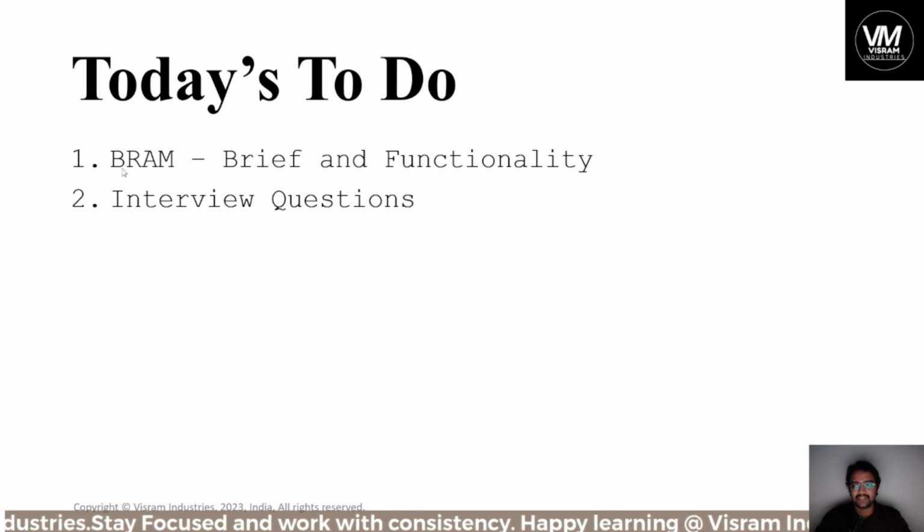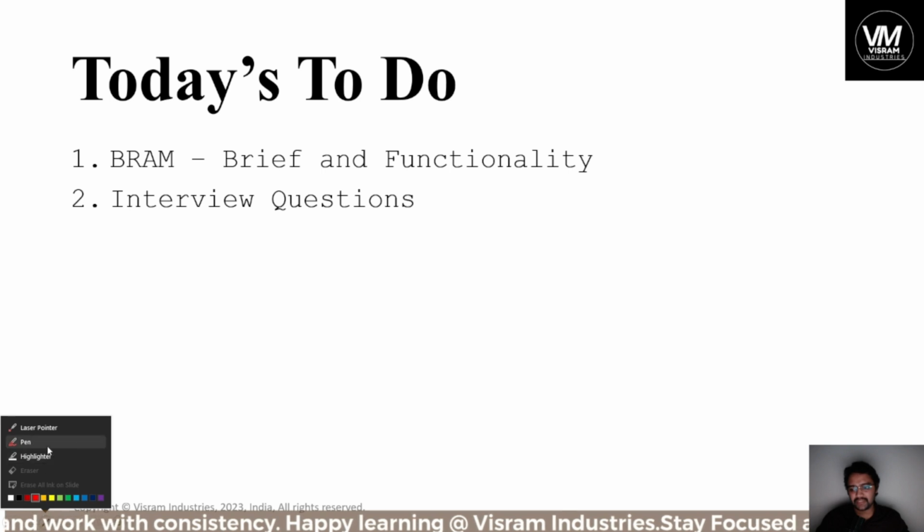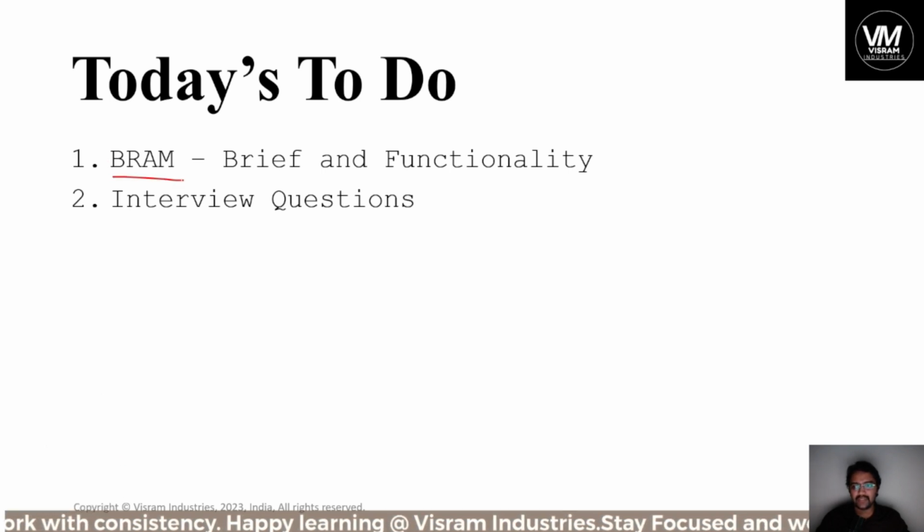Today's agenda is block RAM, a brief and its functionality: what is block RAM, why it is important in FPGA development, where it is located in the group of cells, what is the major functionality, and why we always take block RAM as an intellectual property.